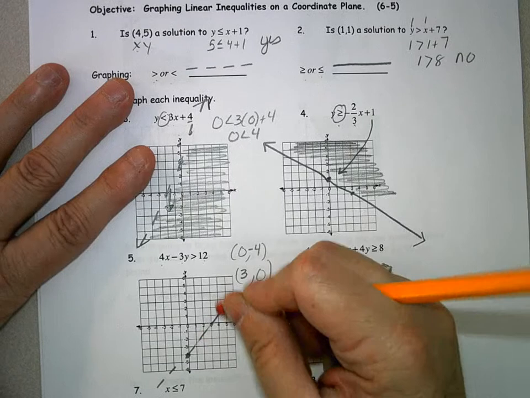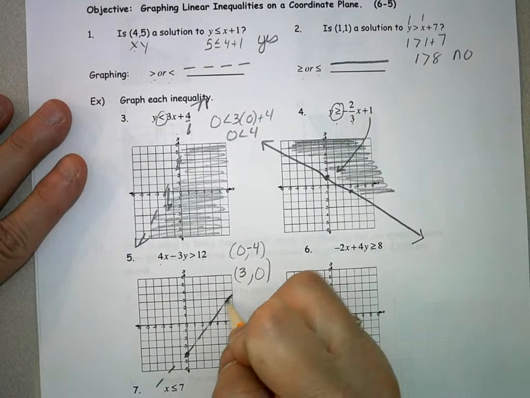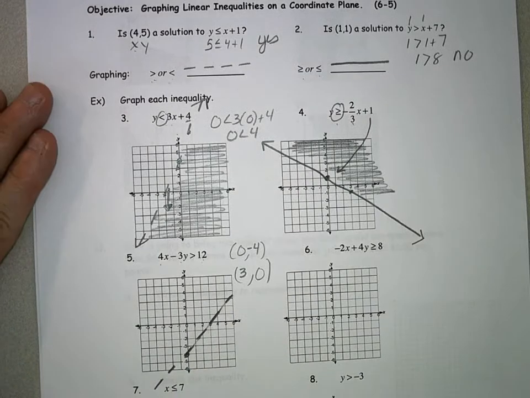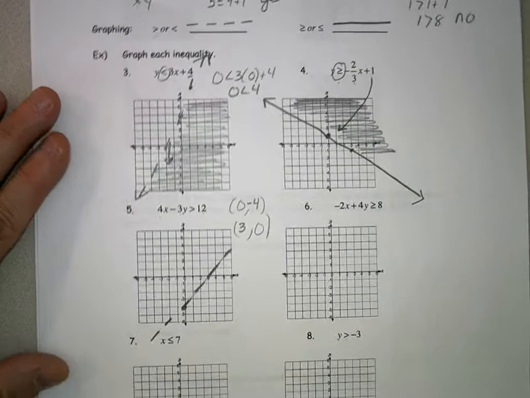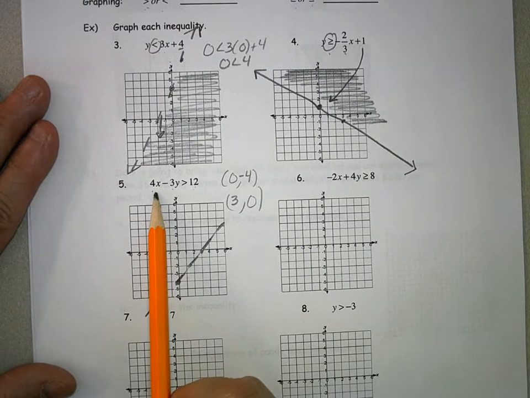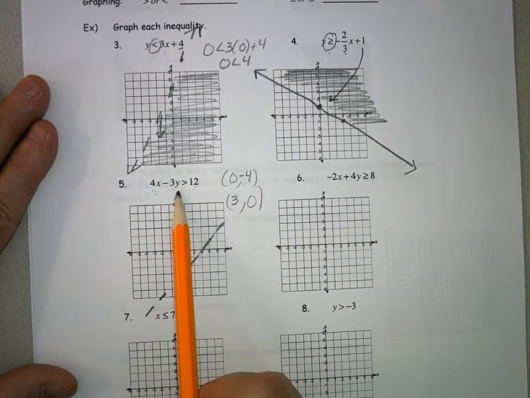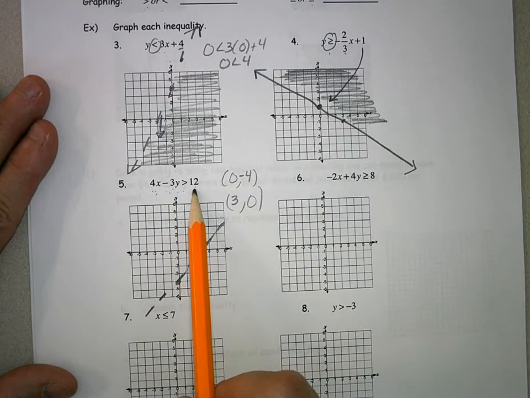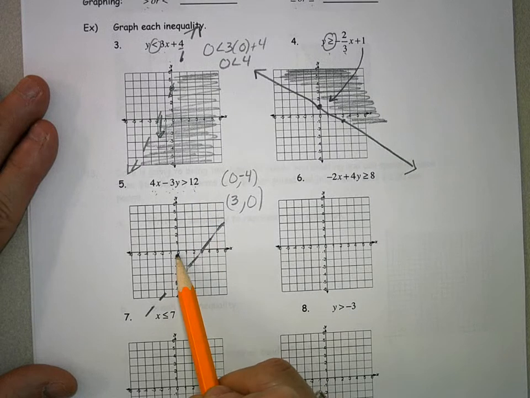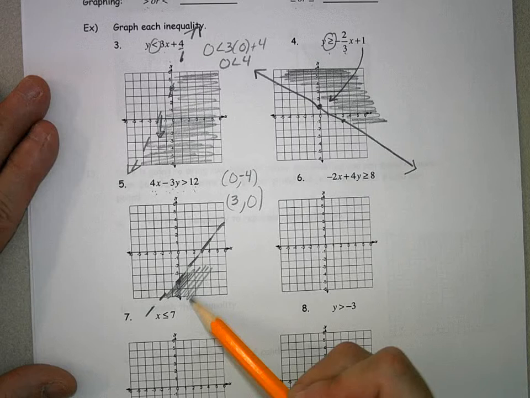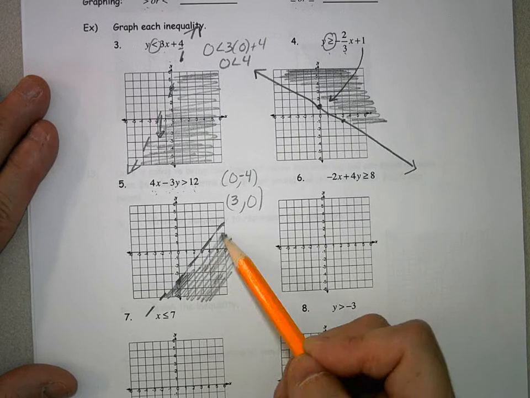Should have done dashes there. And we can't do the greater than or less than thing, but we can put (0, 0) in here. Is 0 minus 0, is 0 bigger than 12? It is not, so you do not want the (0, 0) side colored in, so we're going to shade in down here.